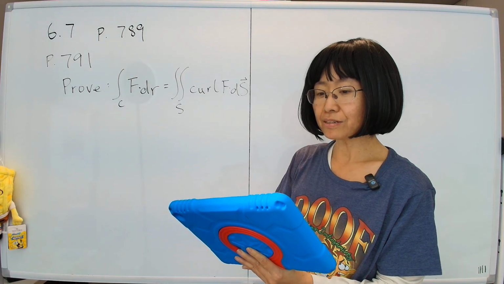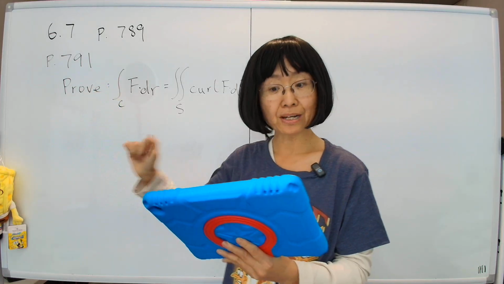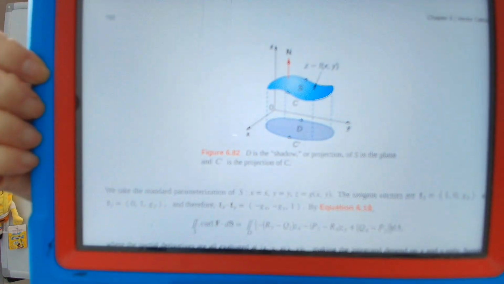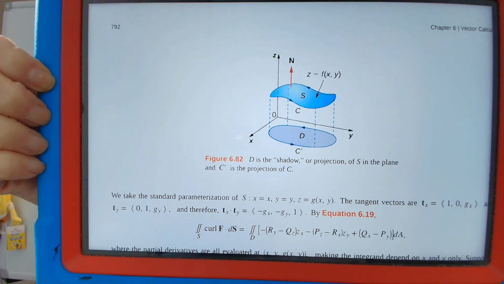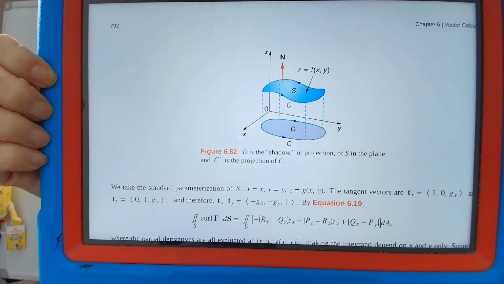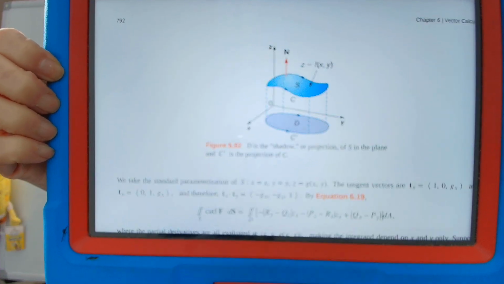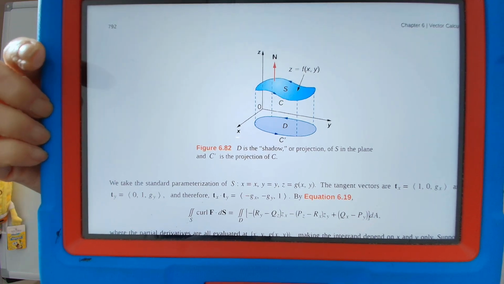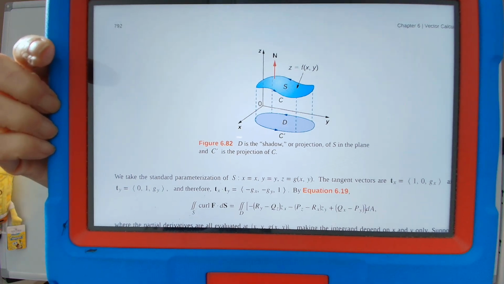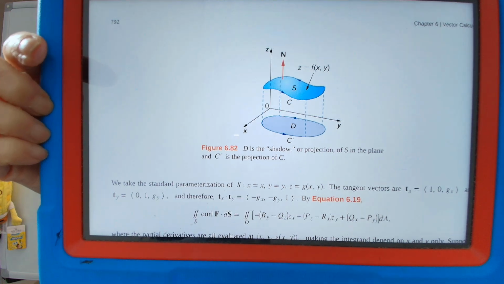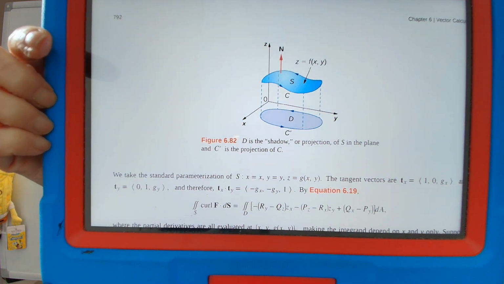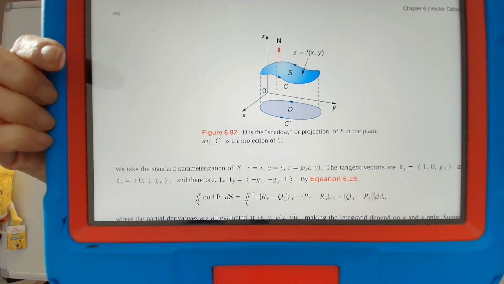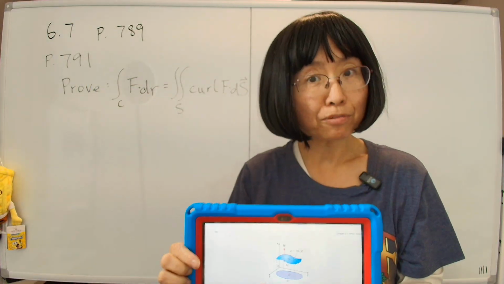To do that, first let's look at page 792, the following page, where we have a graph. Please stare at this graph for a little bit in your book, and notice that there is a surface on top, and the surface has a normal vector pointing up, n. The surface can be described as z equals g(x,y). Your book has f(x,y) here, but then it changed to g(x,y), so we'll go by g(x,y).